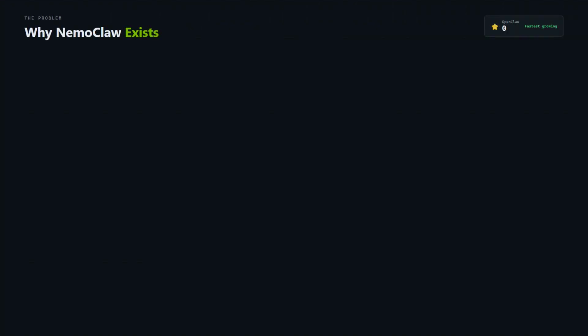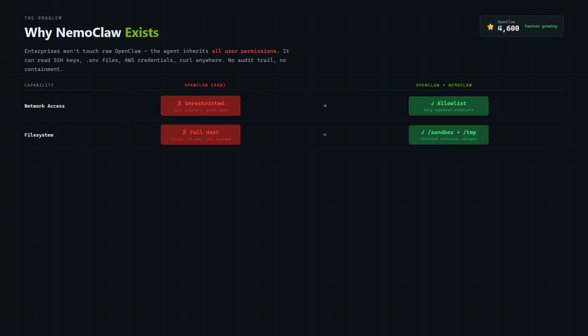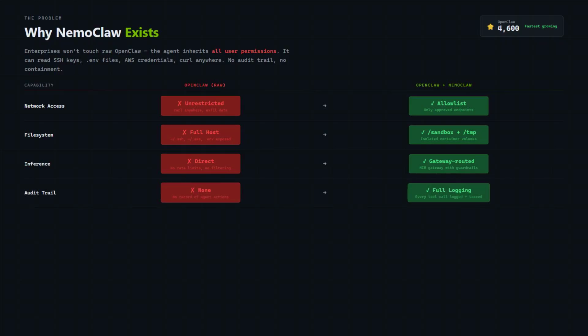OpenClaw has 4,600 GitHub stars, making it the fastest growing open source project in the AI agent space, and developers absolutely love it. But here's the thing, enterprises won't go near it, and the reason is actually pretty simple. When you run OpenClaw on bare metal, the agent process inherits your user permissions, which means it can read your SSH keys, your .env files, your AWS credentials.